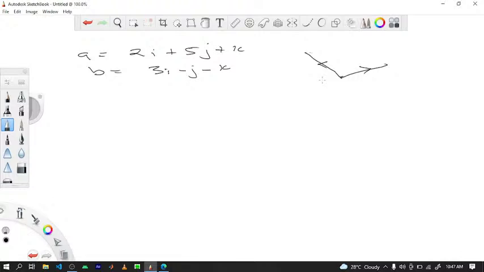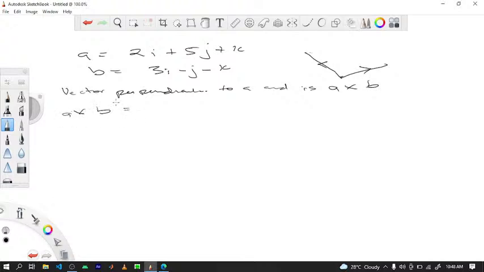Now, to be able to work the cross product, you can simply do that with your calculators, right? I'm sure you all know how to do that, so I'll quickly skip that step so that it doesn't waste time. So the vector perpendicular to A and B is A cross B, right?